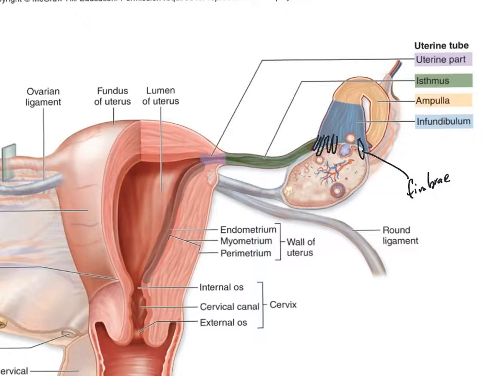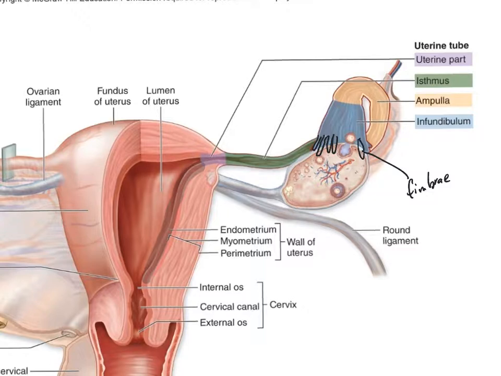Those two things have to meet up. So in order for pregnancy to occur, normally, fertilization occurs within the oviduct.